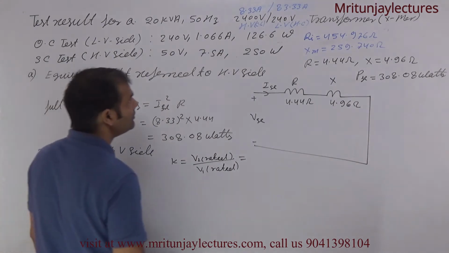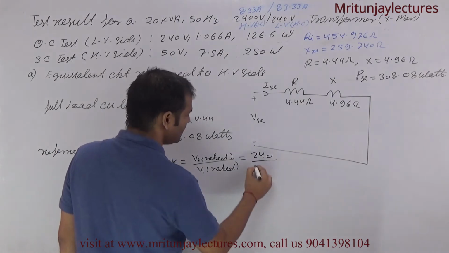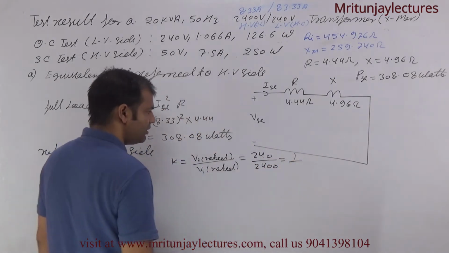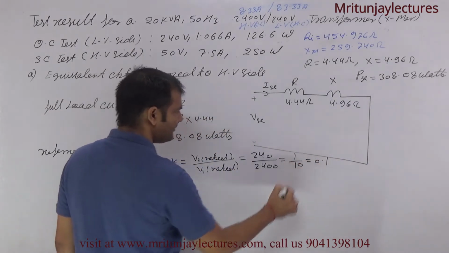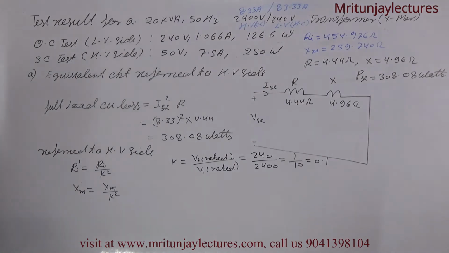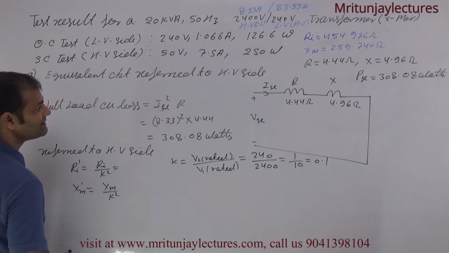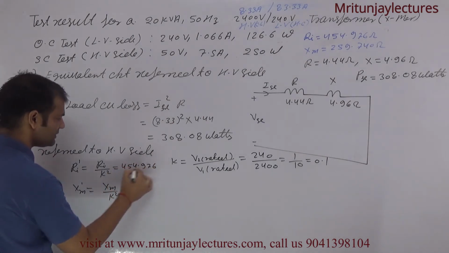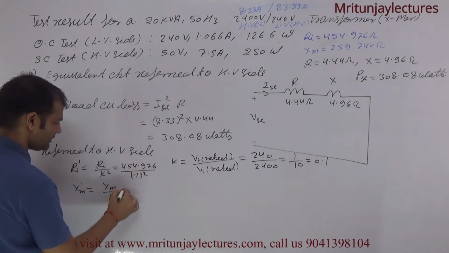V2 is equal to 240 divided by 10, so K is 0.1. Now, what about Ri? Ri is 454.976 divided by 0.1 to the whole square.